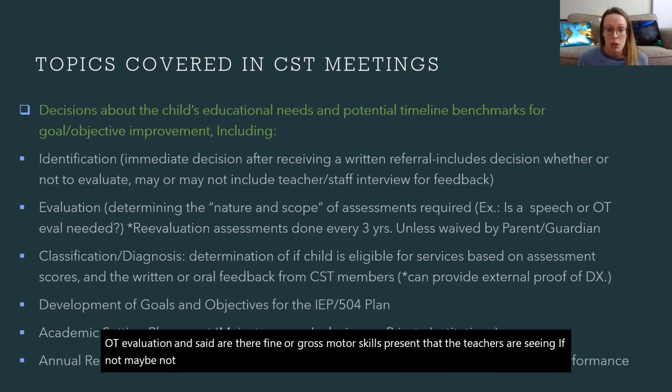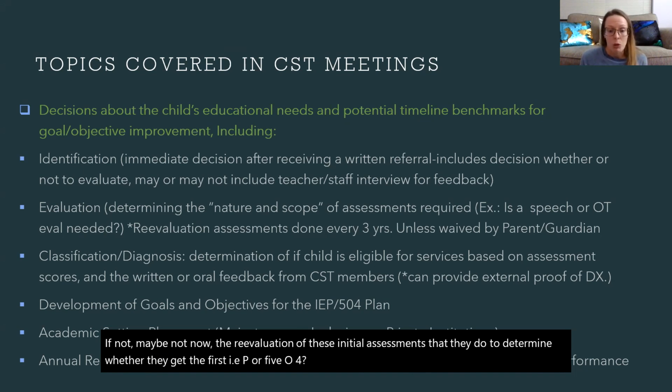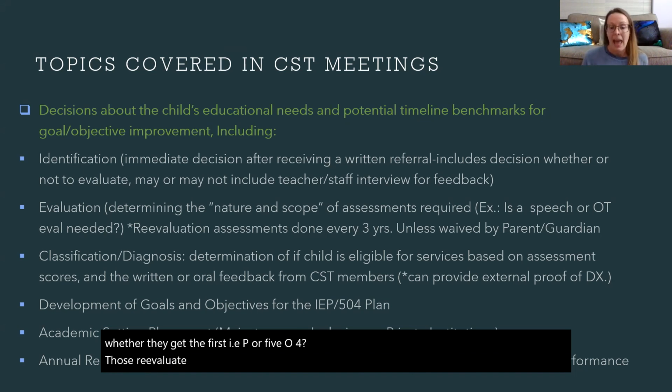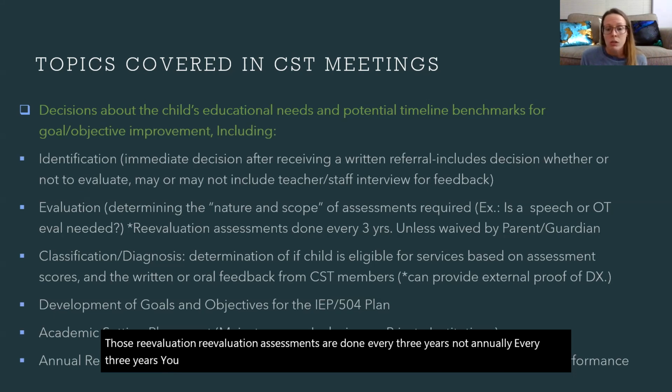Now, the re-evaluation of these initial assessments that they do to determine whether they get the first IEP or 504, those re-evaluation assessments are done every 3 years, not annually, every 3 years. You can choose, if you like, to waive the re-evaluation when the 3-year assessment period comes up, or you cannot.